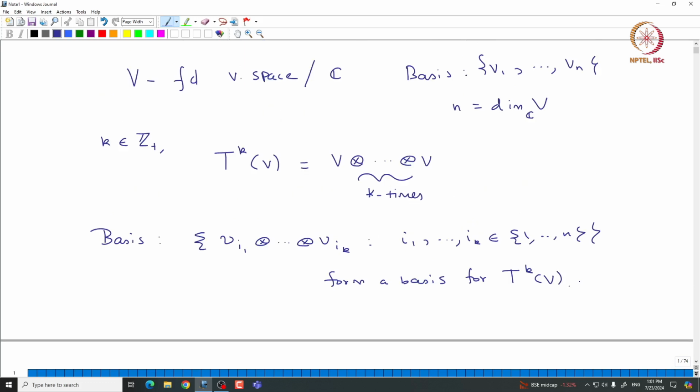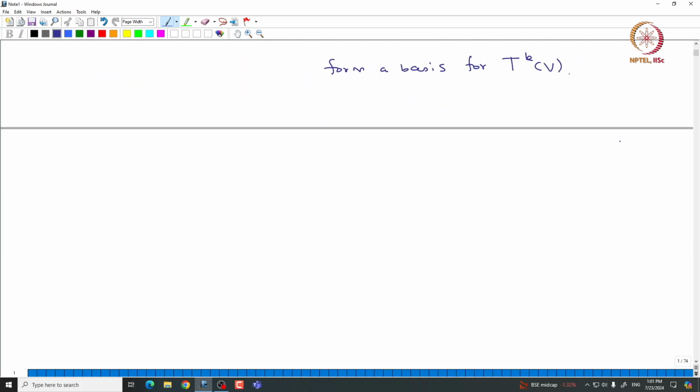Once we have these k-tensors, now given two of these, a k-tensor and a k'-tensor, we have a natural bilinear map from T^k(V) cross T^k'(V) to T^(k+k')(V). So, let us define that. What is this natural bilinear map?